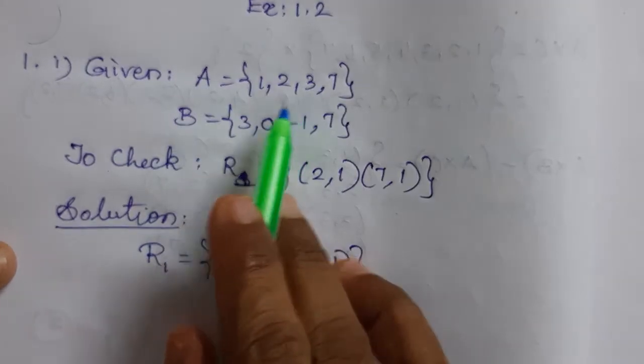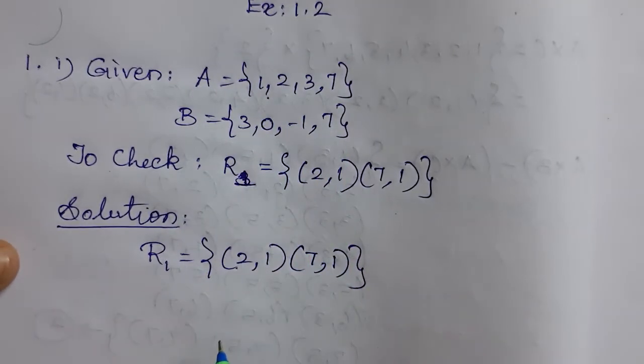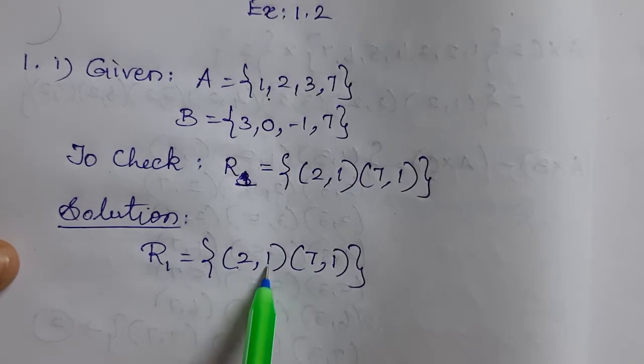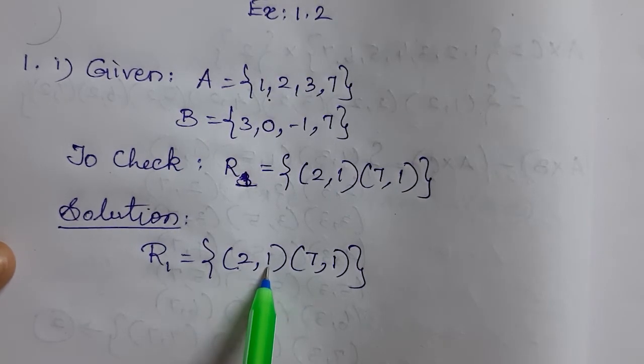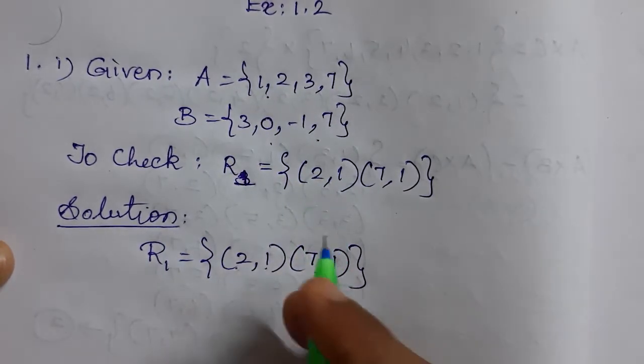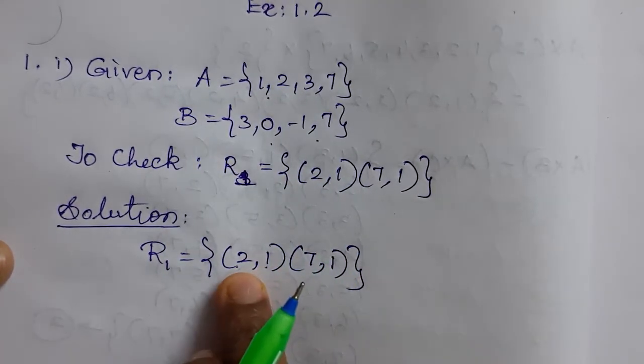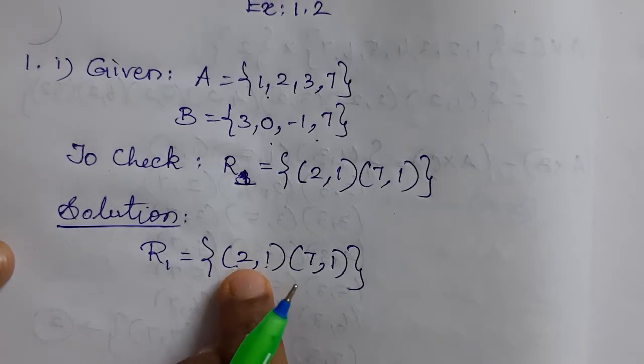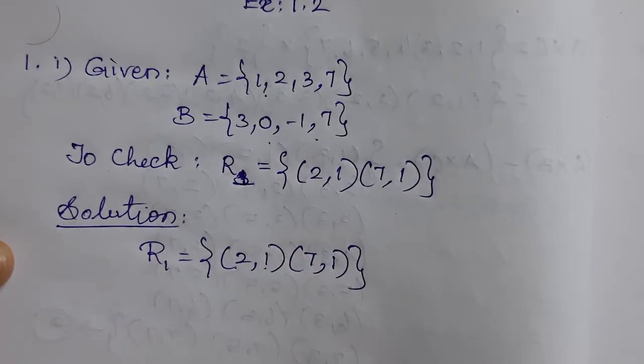Do you have 2 in set A? Yes, you do have. Then 1 belongs to the set B. Do you have 1 in set B? No. So the first ordered pair itself states that this is not a relation from A to B.